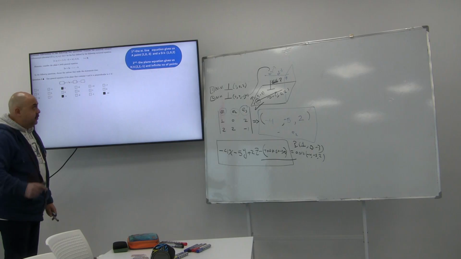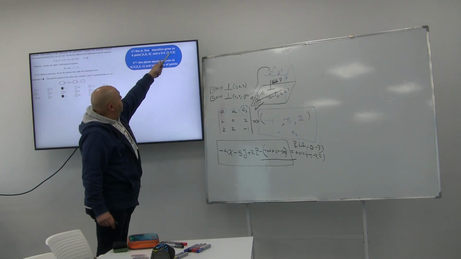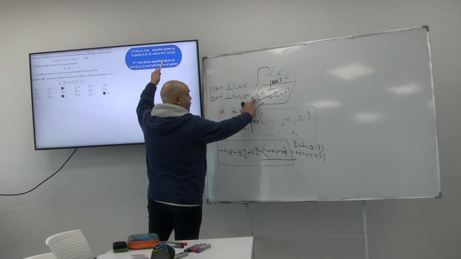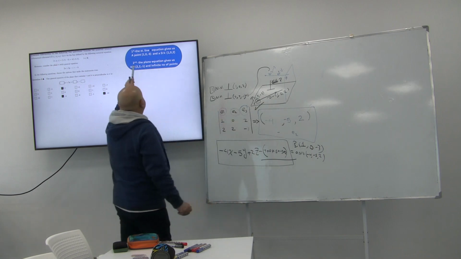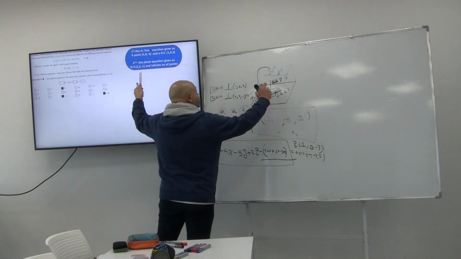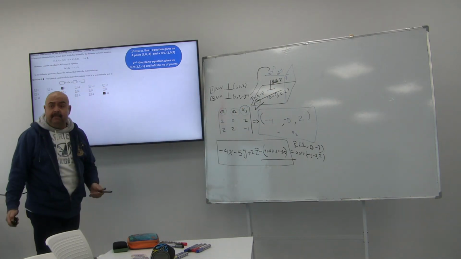Once more, I will repeat it with you. So, first, the straight line R equation gives us a point and a direction vector. This is the point once more. This is the direction vector, which is 1, 0, 2. And the second, the plane equation gives us the normal vector, which is 2, 2, and negative 1, and an infinite number of points.